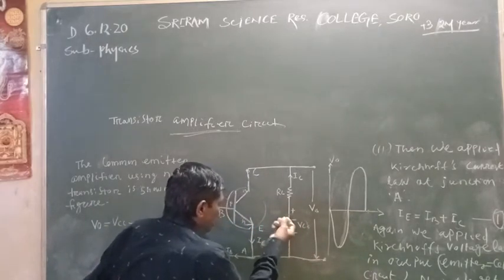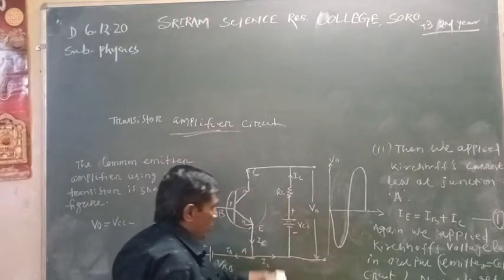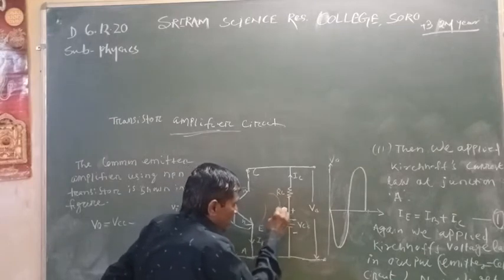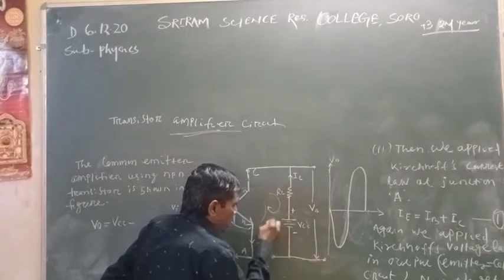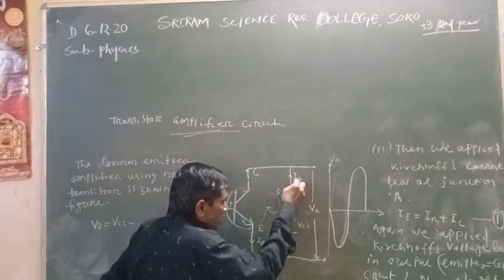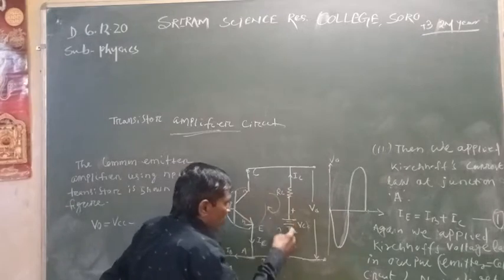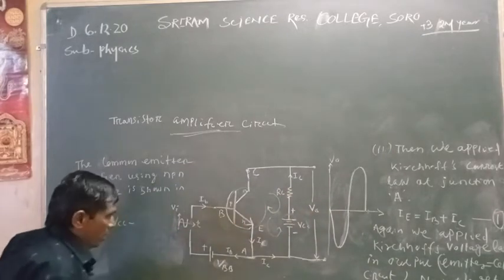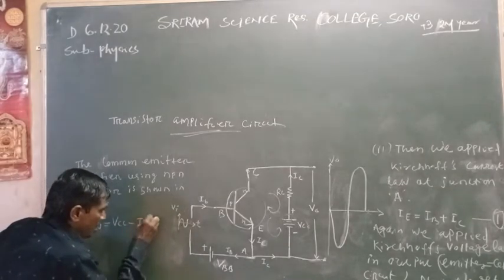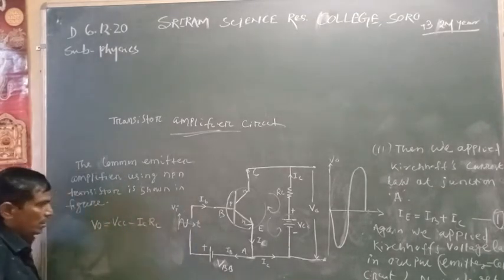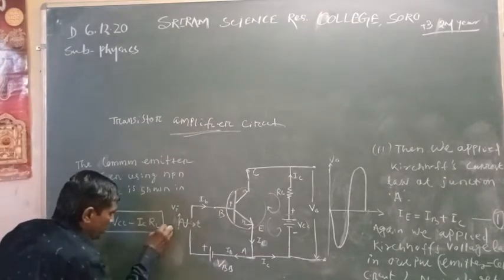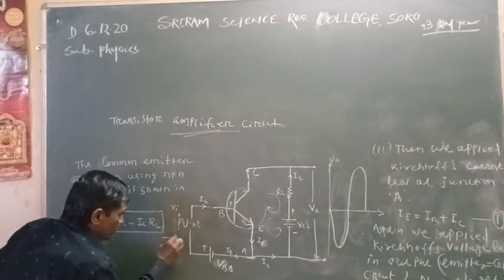Kirchhoff's voltage law is applied in the output circuit, or output loop, in a clockwise or anti-clockwise direction. Now VCC minus ICRL equals V naught. So we write V naught equals VCC minus ICRL. This is equation number 2.